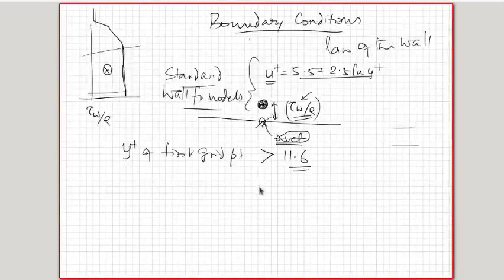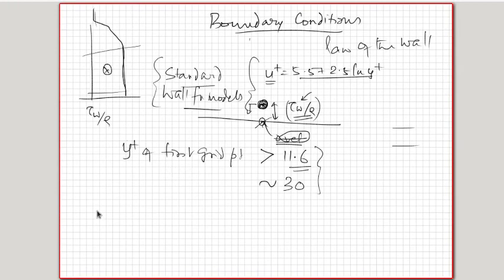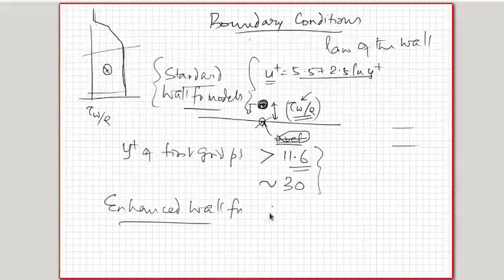But strictly speaking, typically of the order of 30 is what is recommended for the first grid point distance from the wall. So you cannot have the first grid point closer than that to the wall if you're using a standard wall function. There are other models which use what is called the enhanced wall function, which accounts for the viscous sublayer.